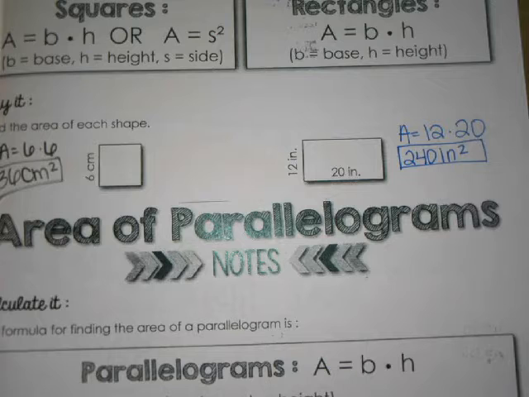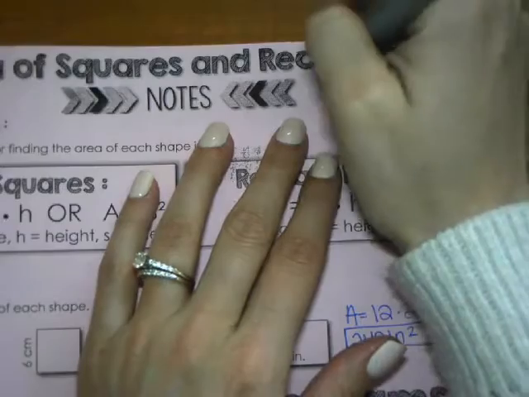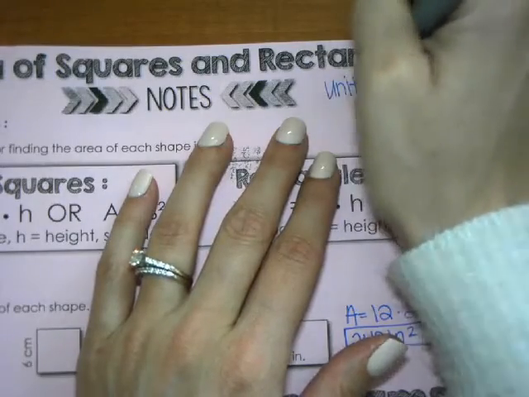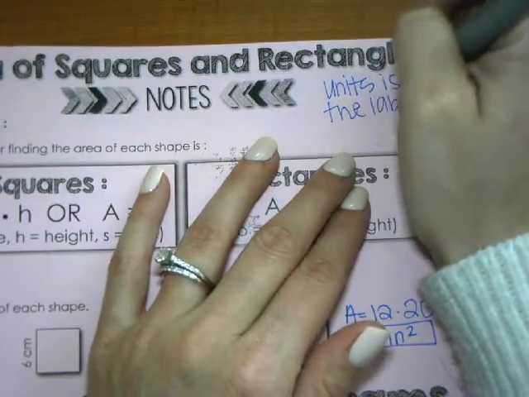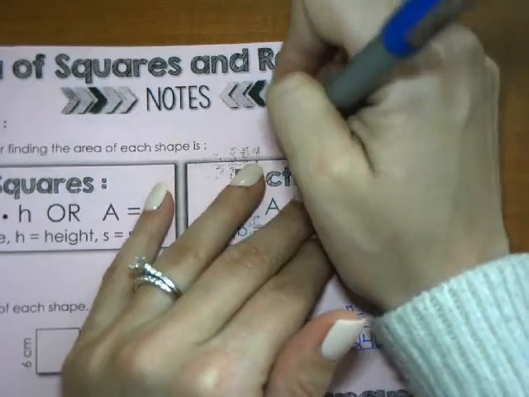Does anyone know what we label something if there is no label? Like I don't say centimeters, I don't say inches, I don't say anything like that. But I still have to label. What do you think? Units. So write down units is the label if there is no label.